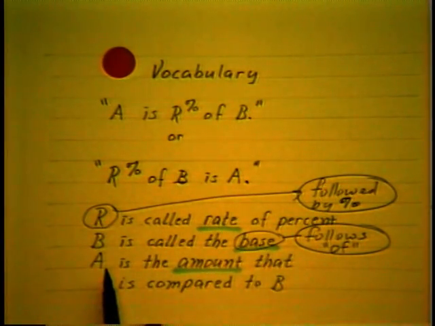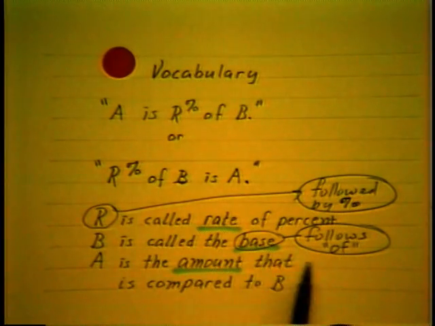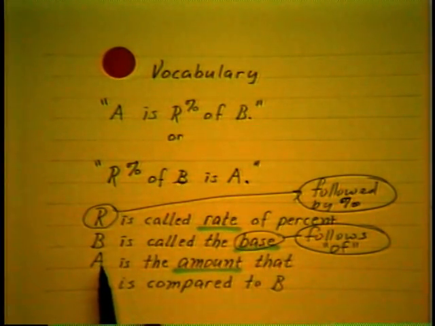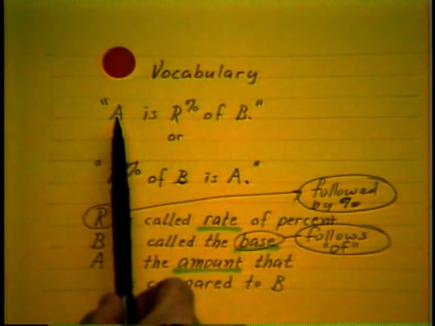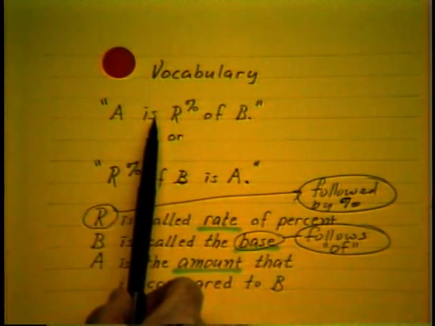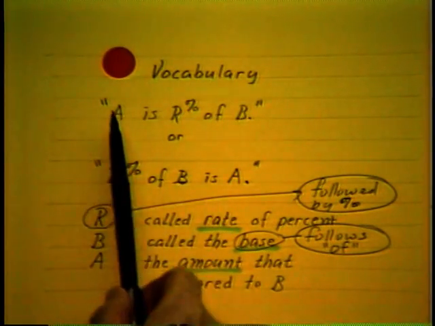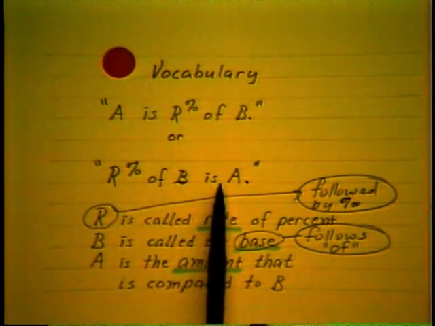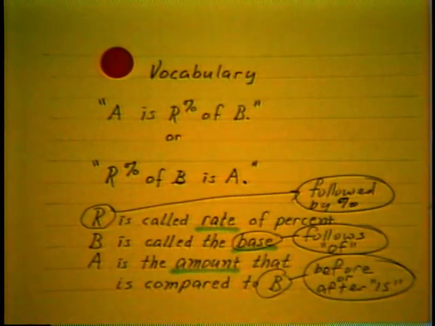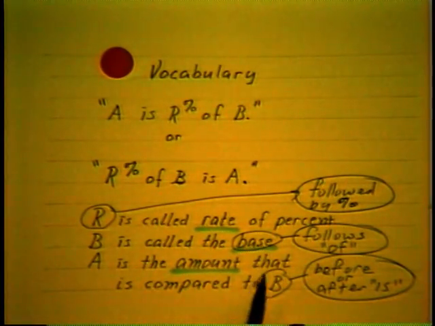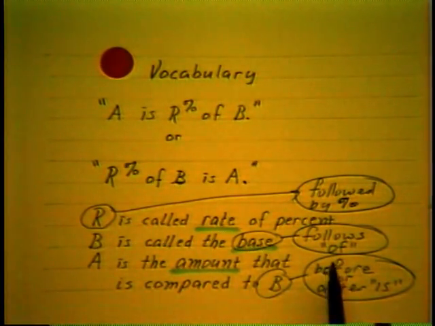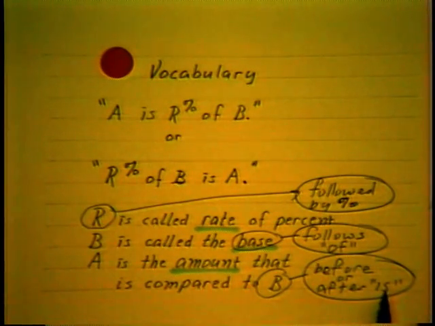And A we'll call the amount that is compared to B. Hence the use of A. And notice in this case, A is before is here and after is here, but in either case it's attached before or after to the is. And the B, again, follows the word of.